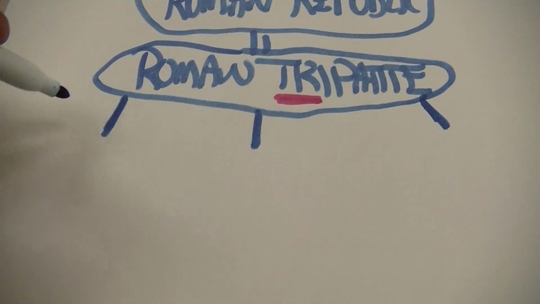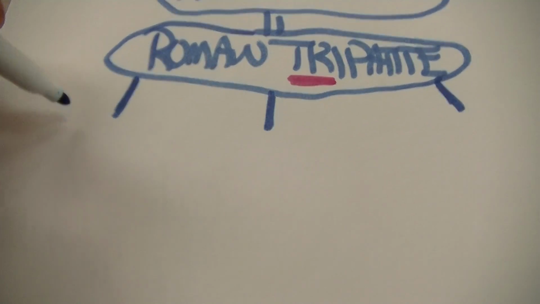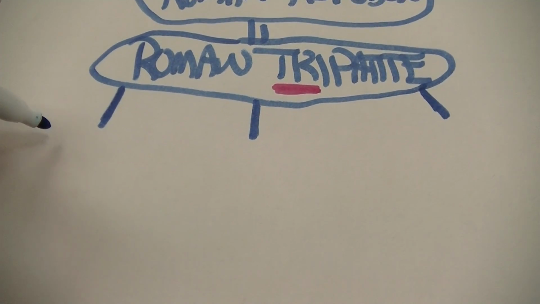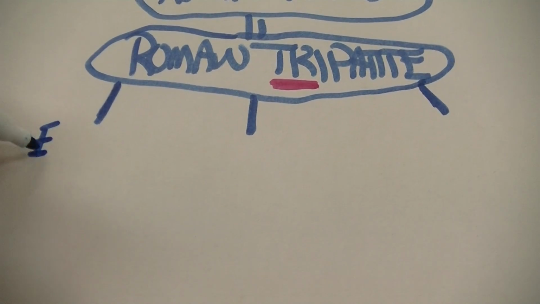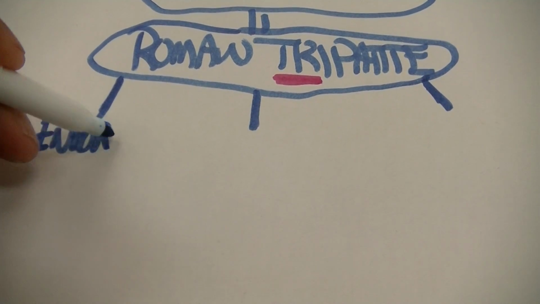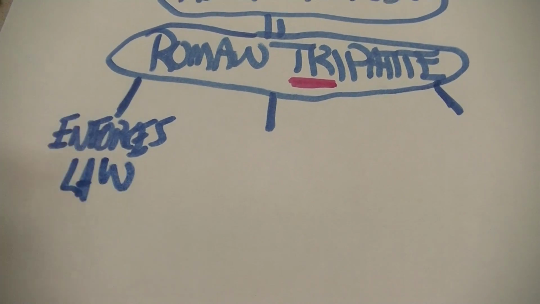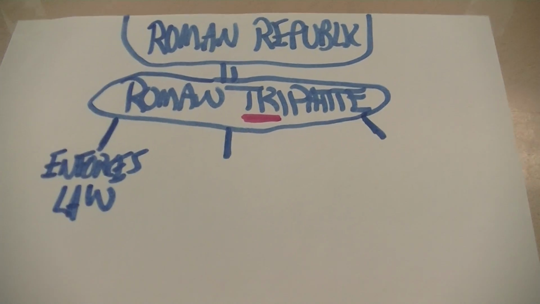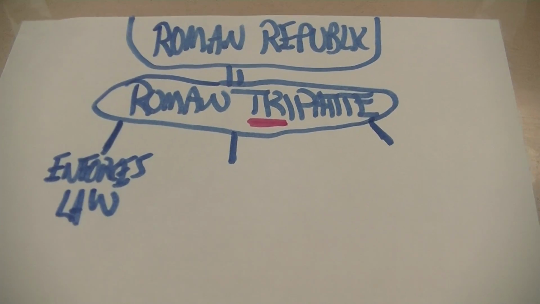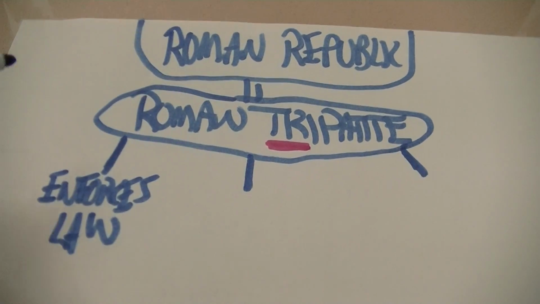First, you have the group that enforces the law. Now, in the United States, that is your executive branch. Best known executive is the president.